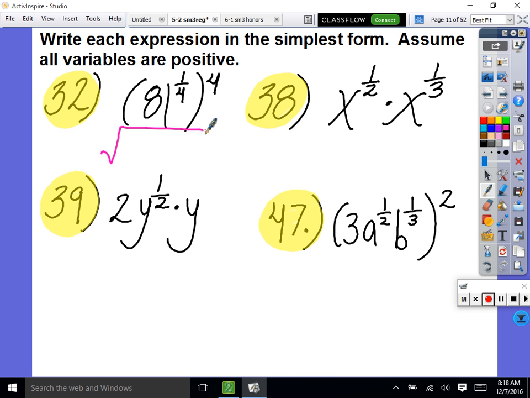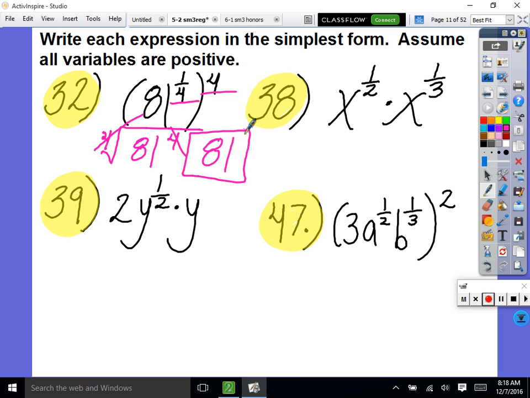Or we could think of this as the fourth root of 81 to the fourth power, correct? Root cancels out power, correct? So 1/4 times 4 is 1, 81 to the first. So our answer is 81.